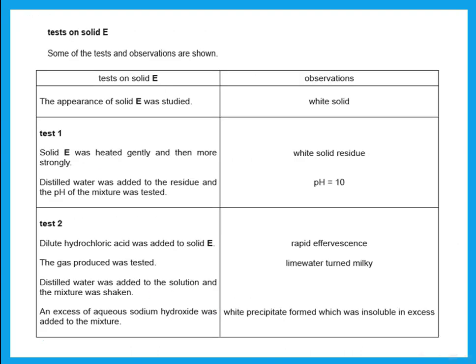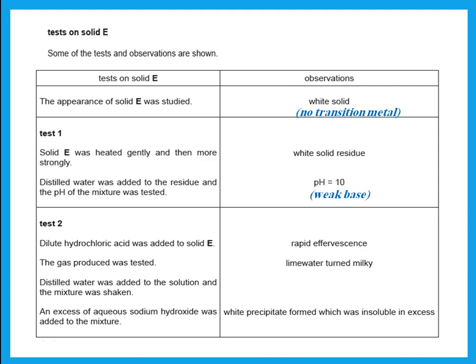Tests on solid E, he says the appearance of solid E was studied and he's telling me it's a white solid. Again, that just means that there is no transition metal. Solid E was heated gently and then more strongly, and distilled water was added to the residue, and he ended up with something that has a pH 10.